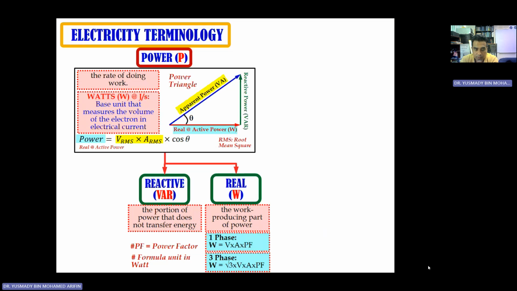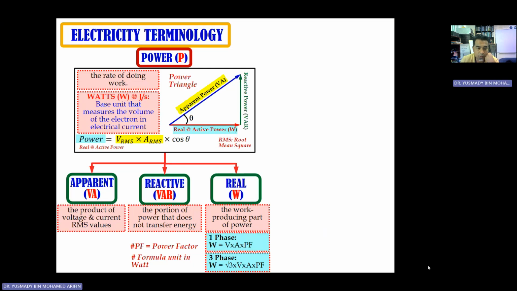For three phase current, the formula for the real or active power is equal to square root 3 multiplied by voltage multiplied by current multiplied by power factor. And the last type of power is the apparent power, VA, the product of voltage and current RMS value, which means VRMS multiplied by ARMS equals apparent power.